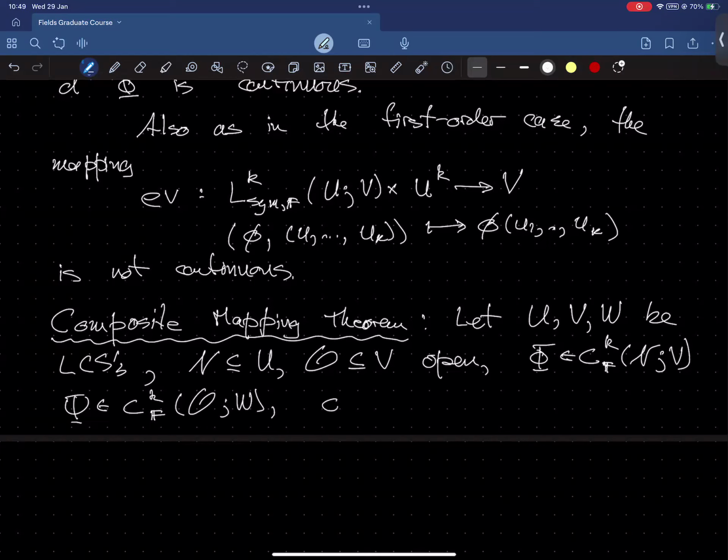And I'm going to ask that phi of N is contained in O. And that just makes sure, so if phi of N is contained in O, then because psi maps O into W, then I can compose phi and psi. That's the main point there. Okay, so then the composition is of class CK.